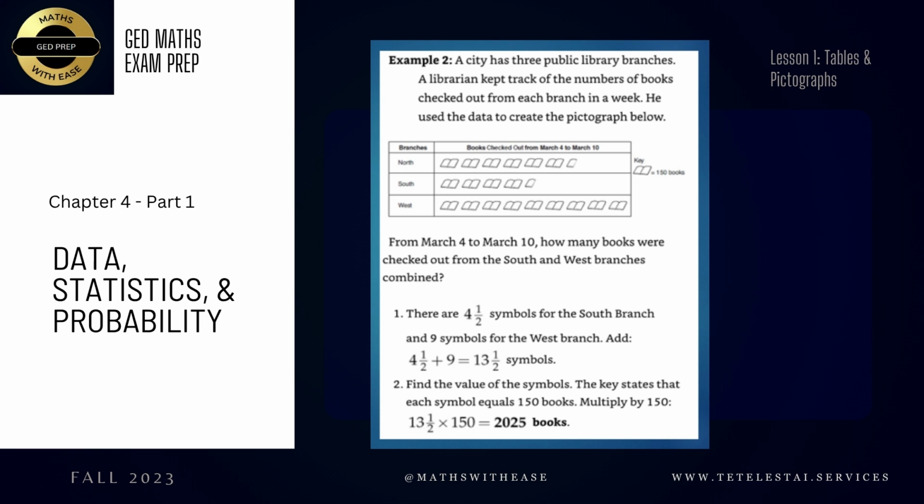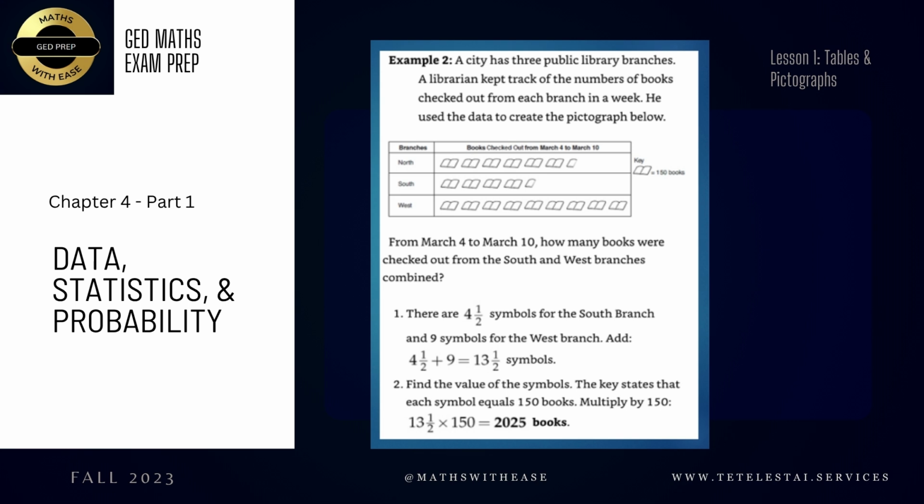And then we'll multiply that by 150 books, right? So again, since there are 4.5 symbols for the South branch and 9 symbols for the West branch, we're going to add 4.5 plus 9, which gives us 13.5 symbols.